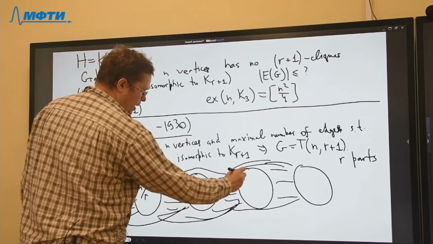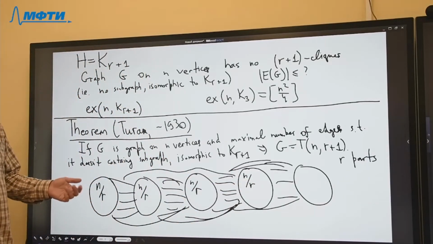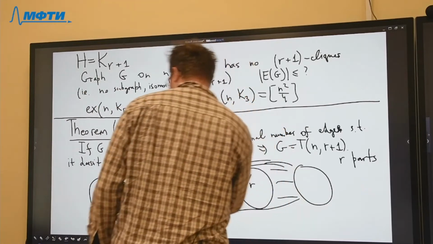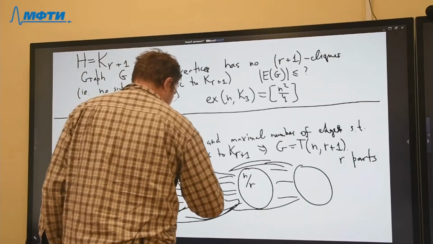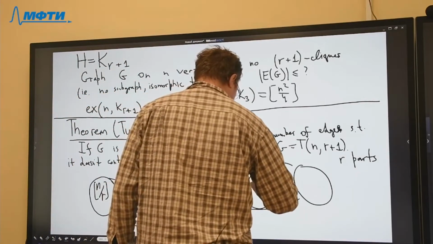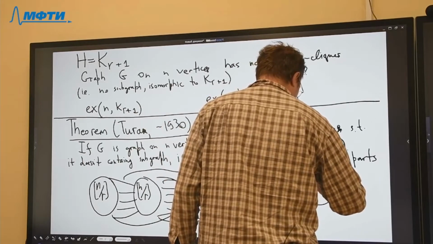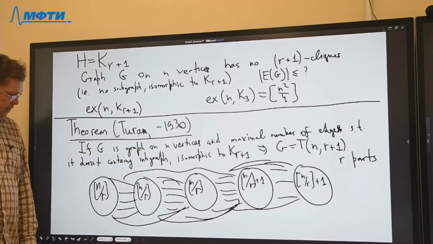But if n is not divisible by r, then maybe some of them will contain one vertex more, such that the sum of them will be equal to n.